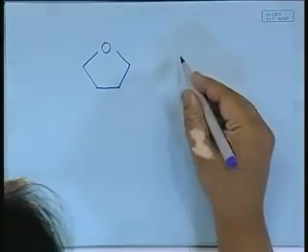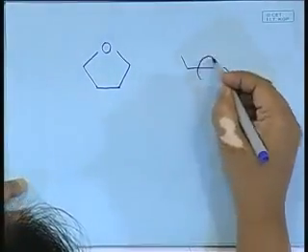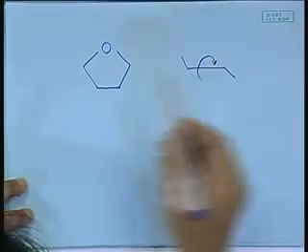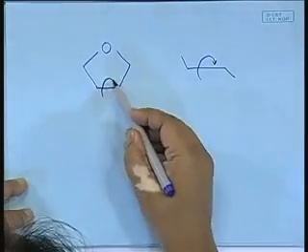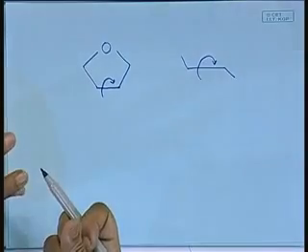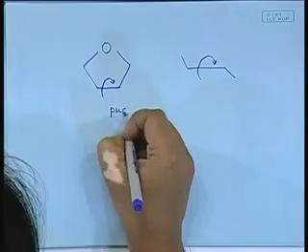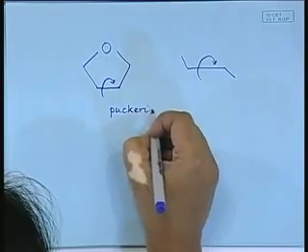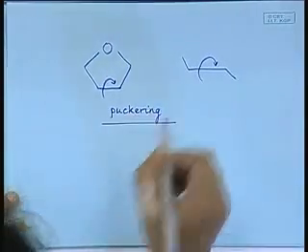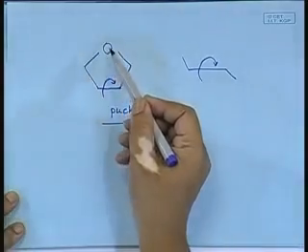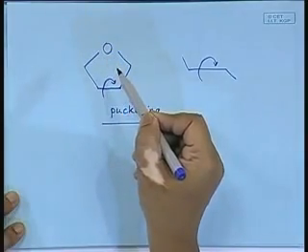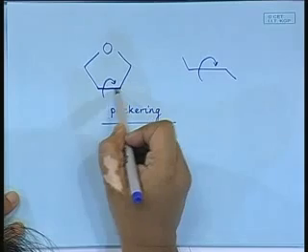If we have just a single bond, we know that we can rotate all the way through. But when we have something like this, you cannot have this go all the way through because it is going to twist the molecule. This twisting is what is known as puckering. So, what kind of observations can we have? We can have the oxygen go up, go down with respect to this bond here.